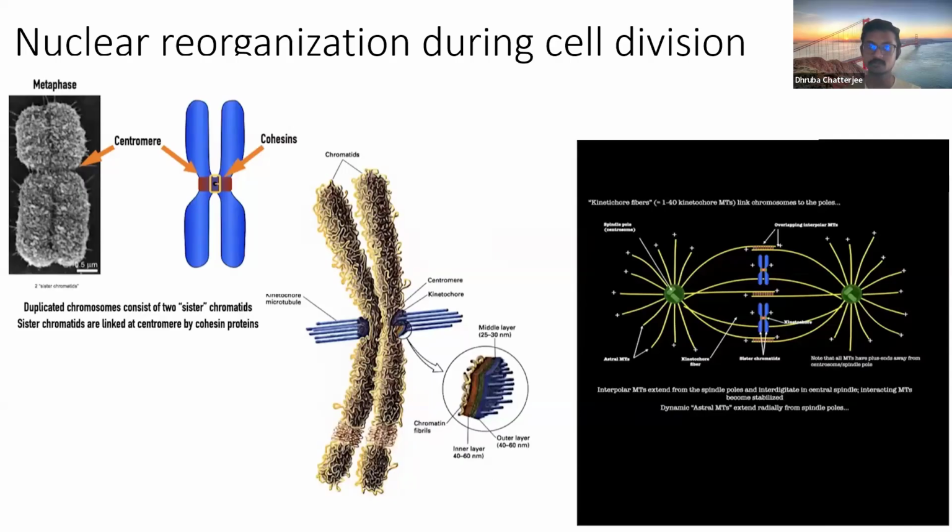And to this kinetochore, the spindle fibers, which basically consist of microtubules, get associated, right? The microtubules of the spindle fibers, which are emanating from the centrosomes present at two different ends of the cell, are attached to the kinetochore.